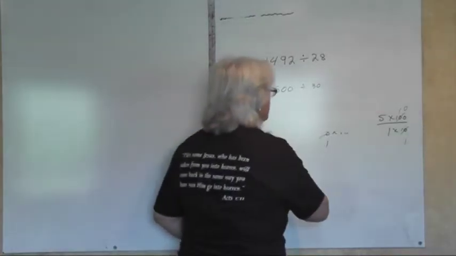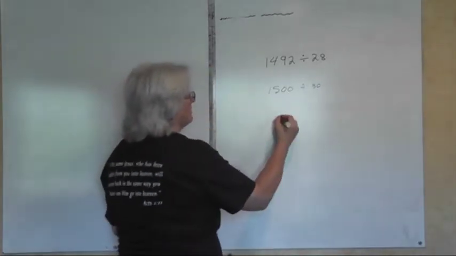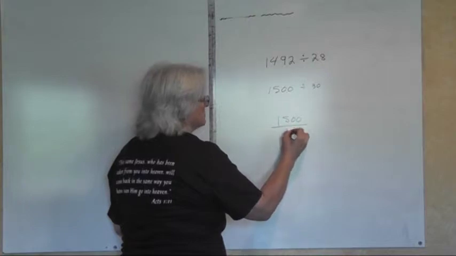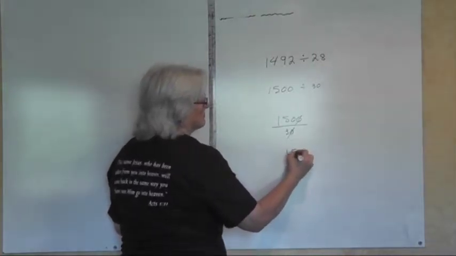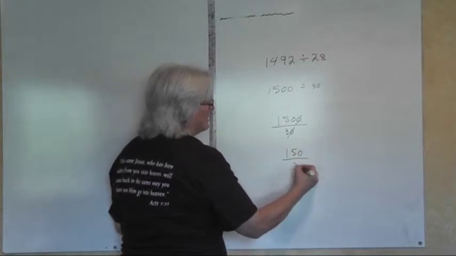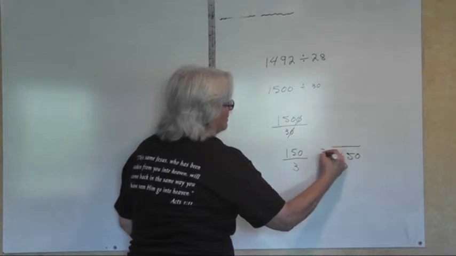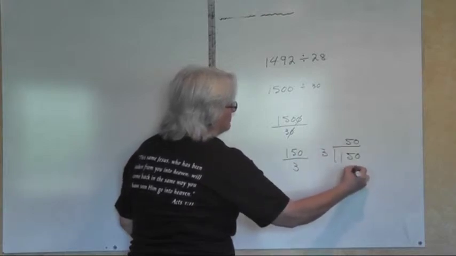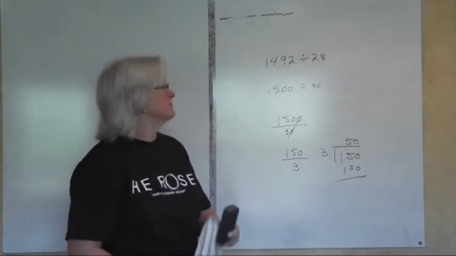You can also do it this way. Remember that you can cancel zeros at the end. 150 divided by 3. Go ahead and do 150 divided by 3. So come up with 50 as your answer. Okay.